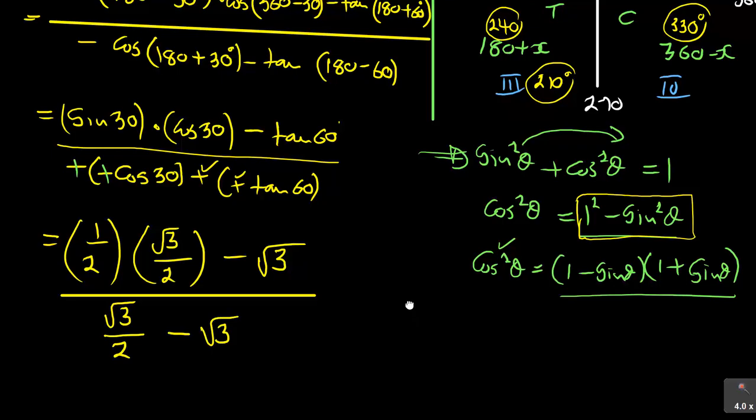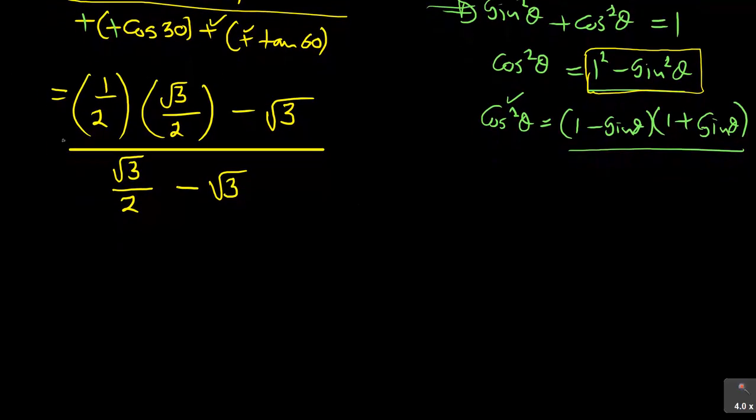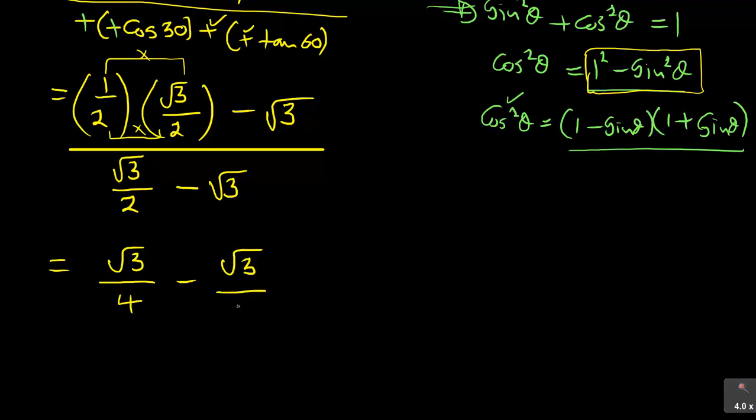Alright, so this is what we have. Then the matter here that is left is for you to simplify this. So remember, these are multiplying on top and they are multiplying at the bottom. So it's 1 times root 3, which is root 3, over 2 times 2 is 4, minus root 3 over 1.